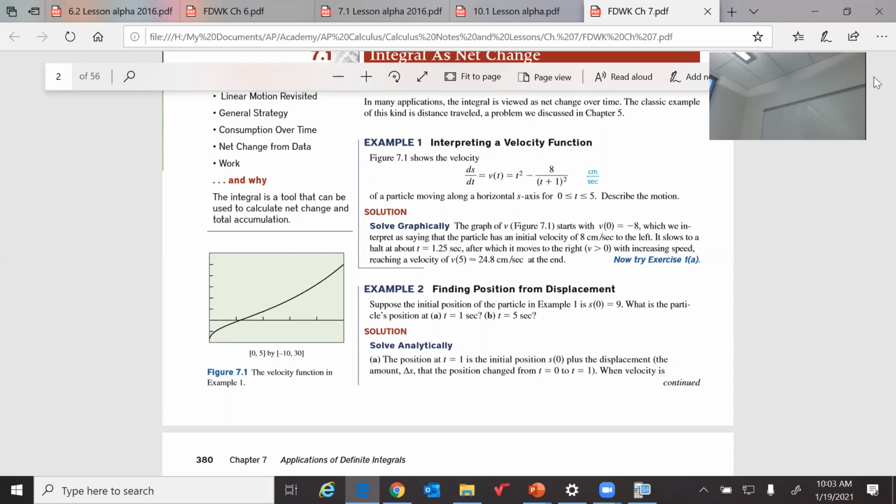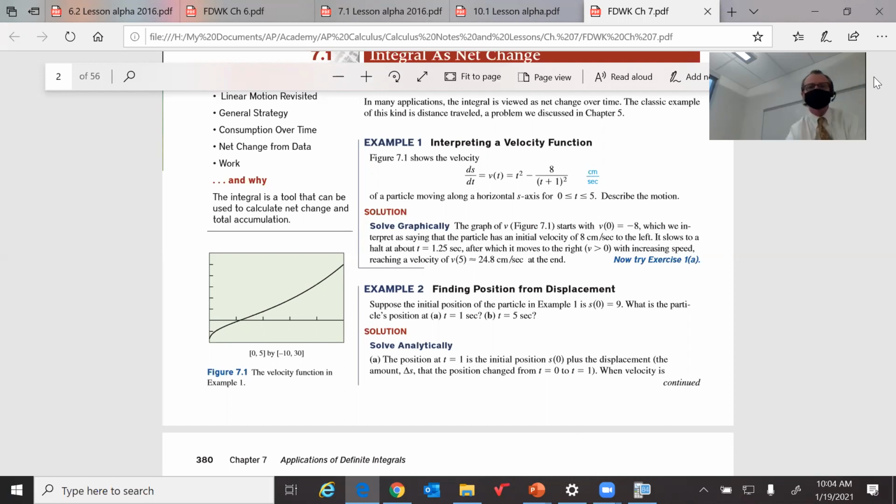If I put 0 in here, it has an initial velocity of -8, because you have -8 over 1. So they need more information in example 2. In example 2, they said the initial position at time 0, which they didn't give you in example 1, is 9. So what's the particle's position at 1 and 5 seconds?